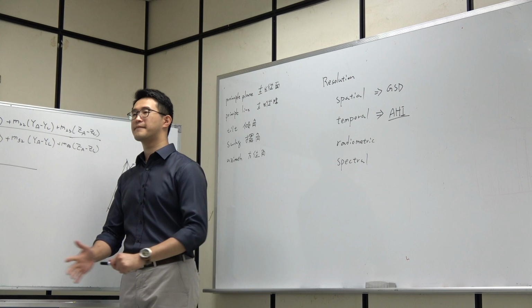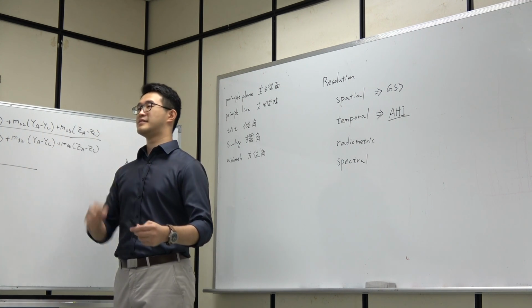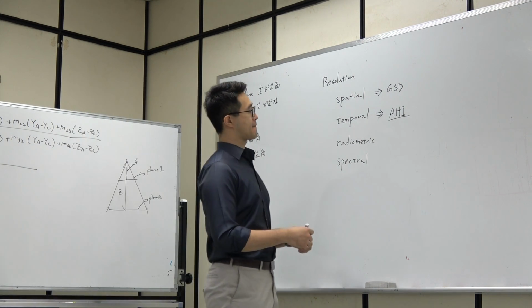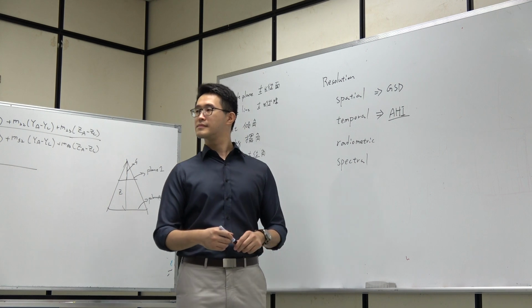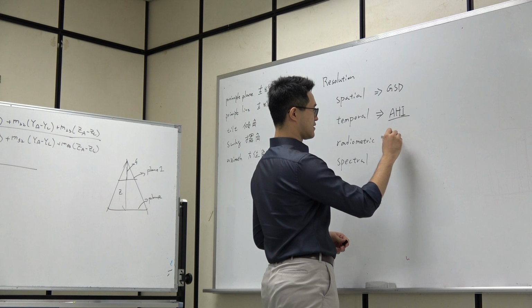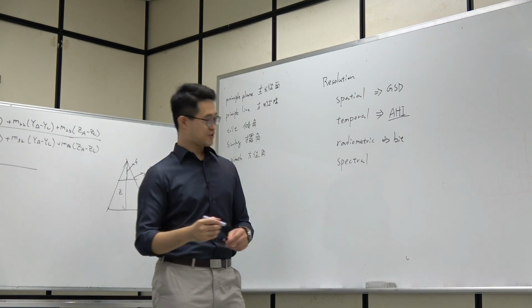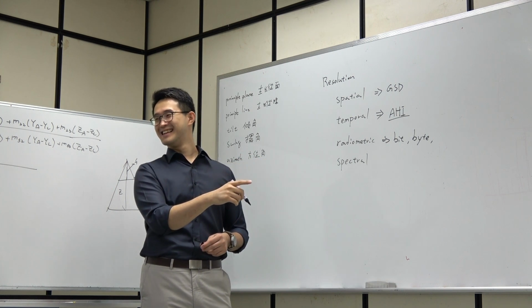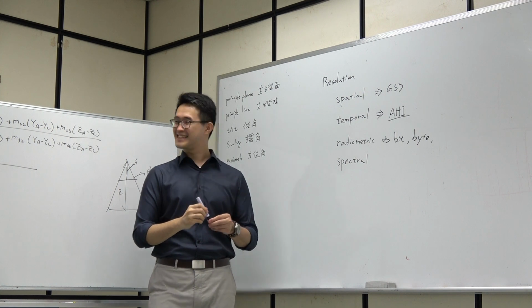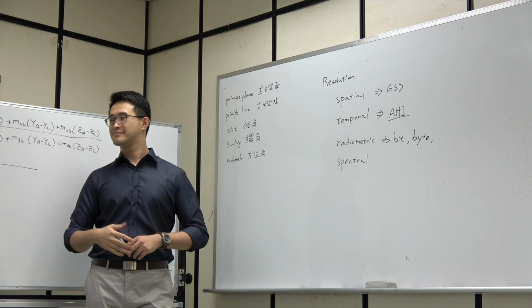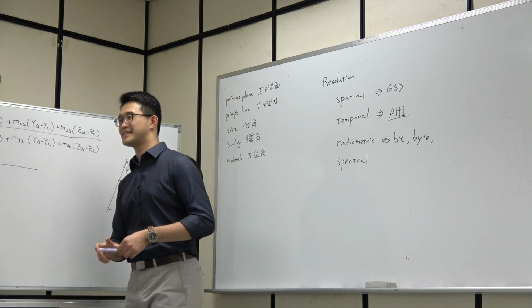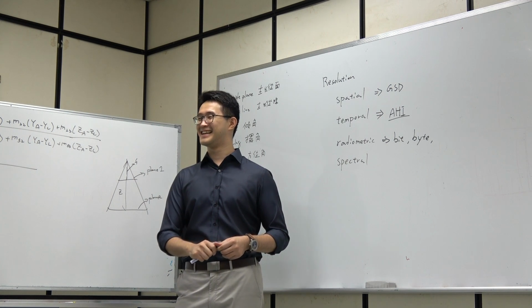What is radiometric resolution? It's about intensity, and you can divide the intensity to how many bits?